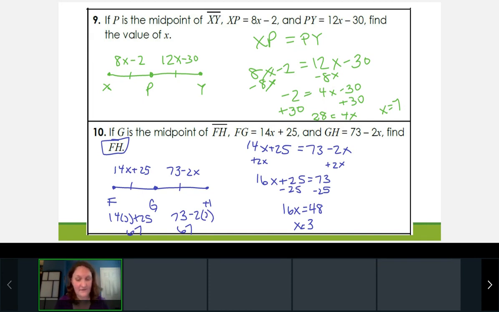So if you got a 67 and a 71, then G's no longer in the middle and we made a mistake somewhere. All right, so if each of these pieces is 67, then that whole thing, this is our segment addition, the whole thing is going to be 67 plus 67. So FH is 134. If this was a multiple choice question, I promise you that 3, 67, and 134 are all going to be there.